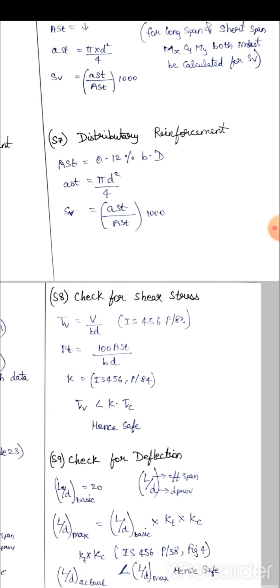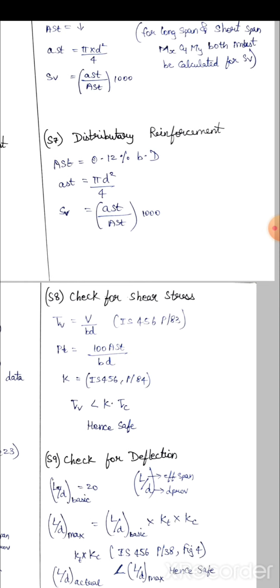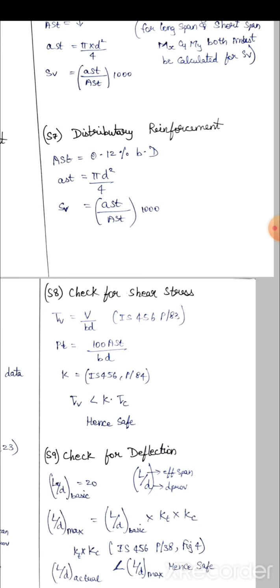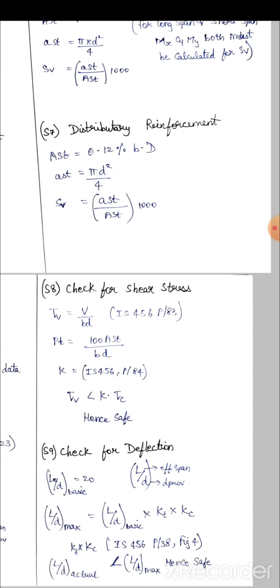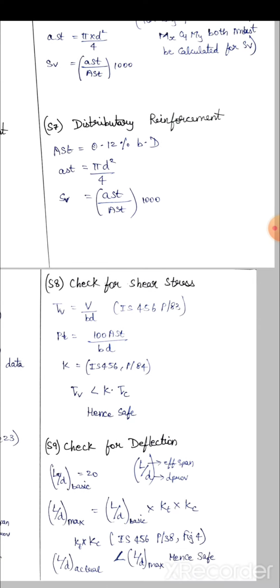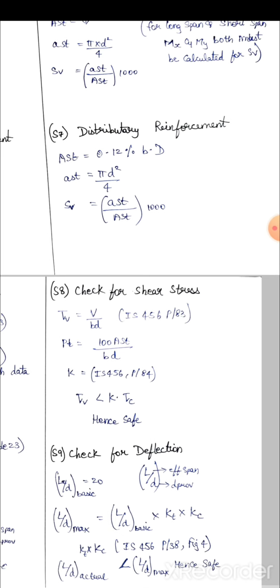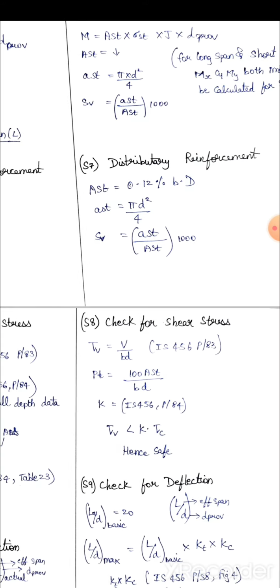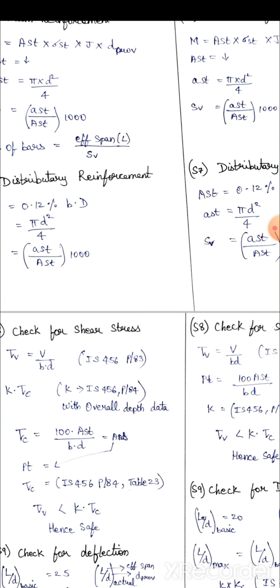This KT and KC value is given in IS 456 page number 38 figure 4. Referring to that, we will calculate the L by D maximum answer. Next, if the condition L by D actual is lesser than L by D maximum is satisfied, the design is safe. Check for deflection is same for one-way and two-way slab.